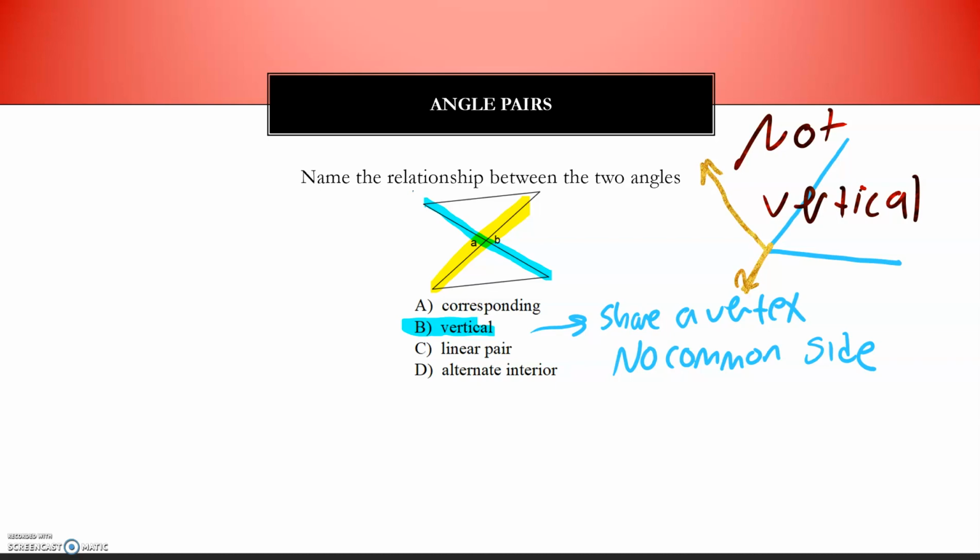And the angles, if I call them C and D here, are also considered vertical. So that's the second part. They have to have a common vertex but no common side, but also have to be made by two lines or rays crossing in the middle, not just four random segments that meet at a point.